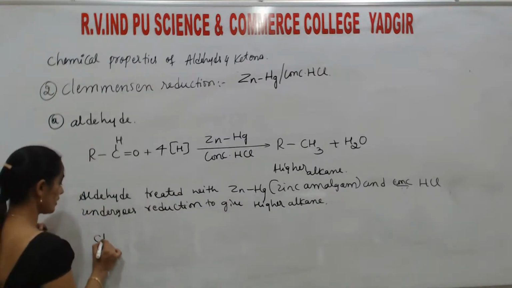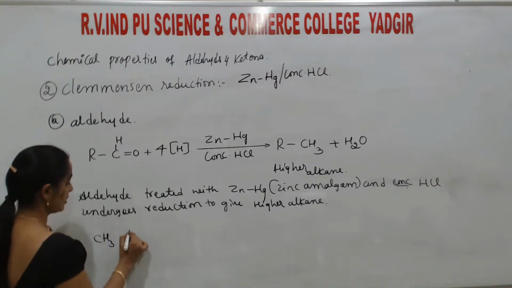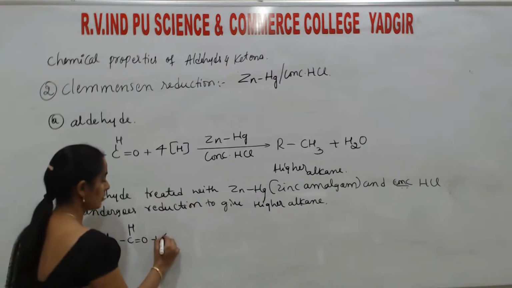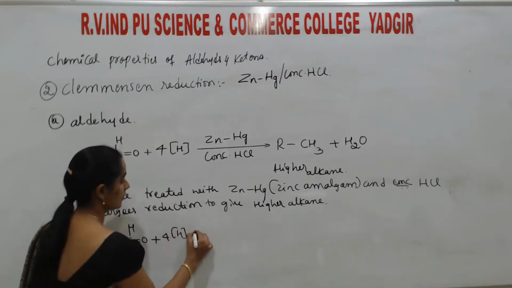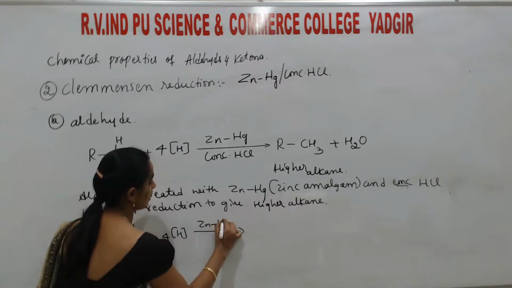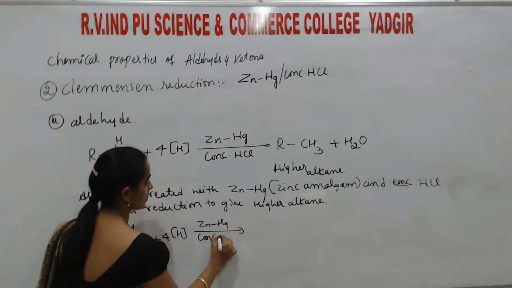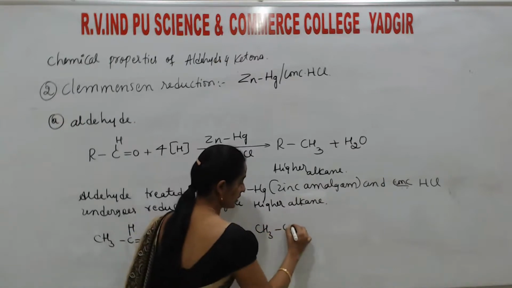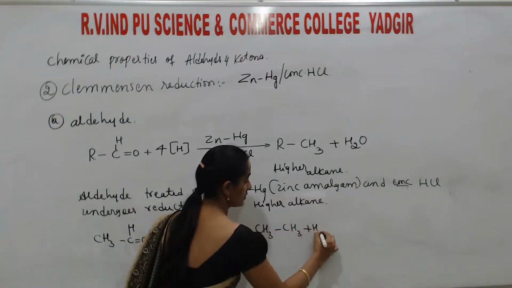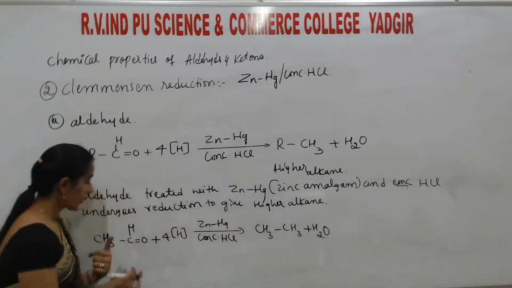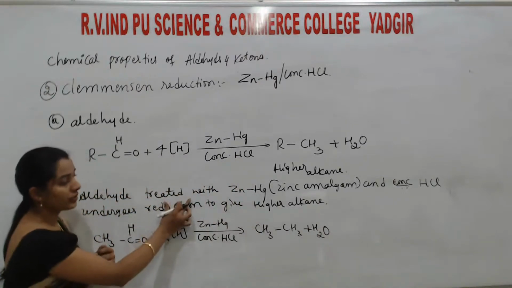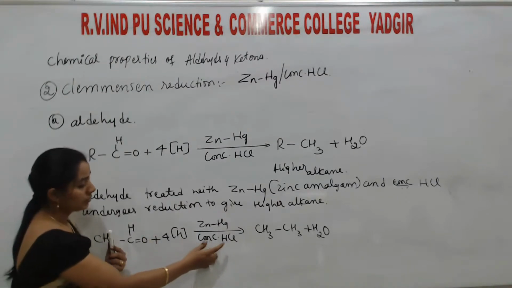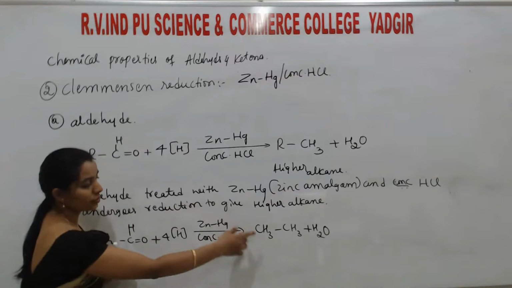So if I take an example, CH3CH=O plus 4H with zinc amalgam in concentrated HCl. What will we get? CH3CH3 plus H2O. So students, here acetaldehyde, when treated with zinc amalgam and concentrated HCl, undergoes reduction to give an alkane.